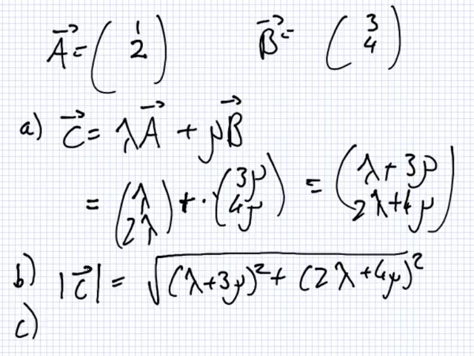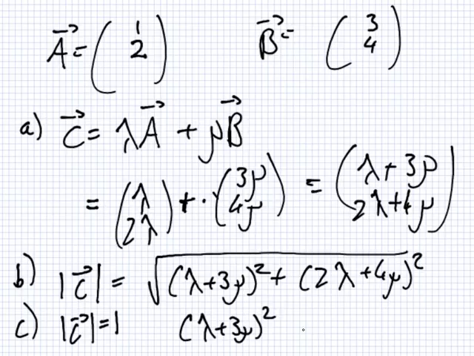What's the relationship between lambda and mu if c is a unit vector? If c is a unit vector, its magnitude is 1. So lambda plus 3 mu squared plus 2 lambda plus 4 mu squared should equal 1.